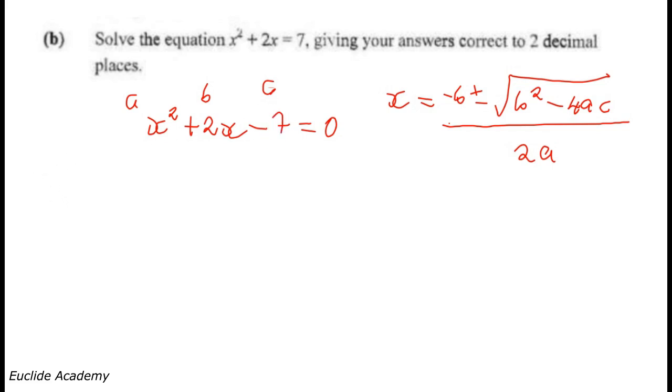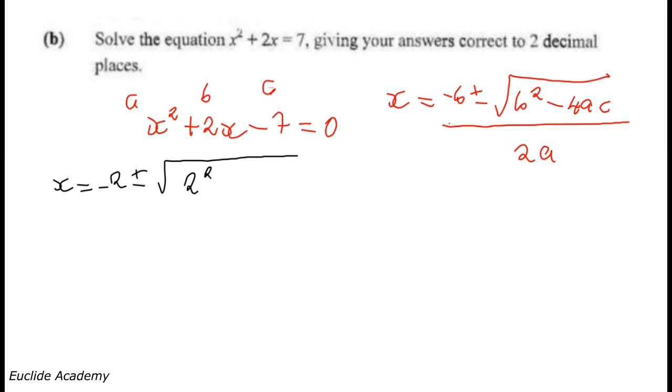So I'm going to say here, from the formula, x is equal to, so here it says negative b, so b is 2, so it will be negative 2 plus or minus the square root of b squared, which is 2 squared, right?